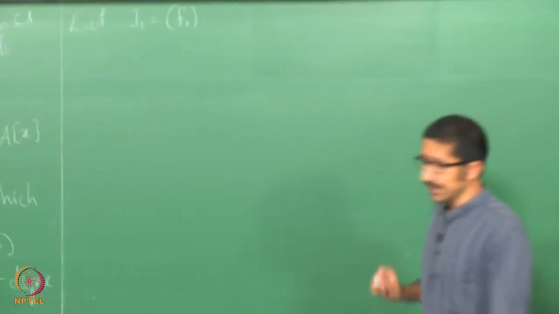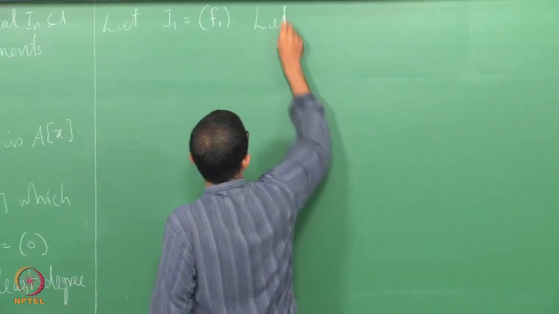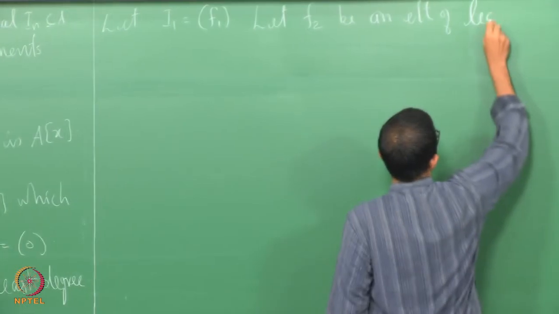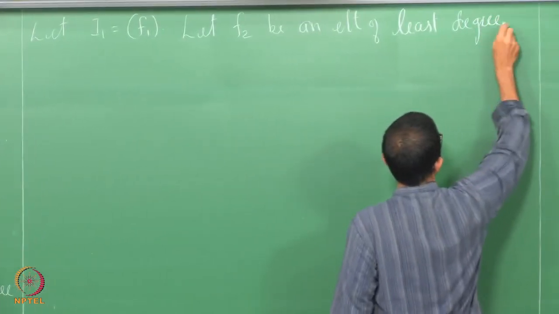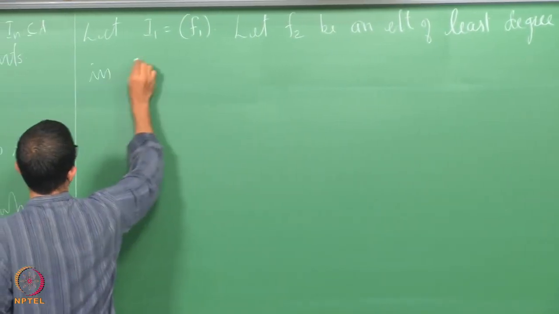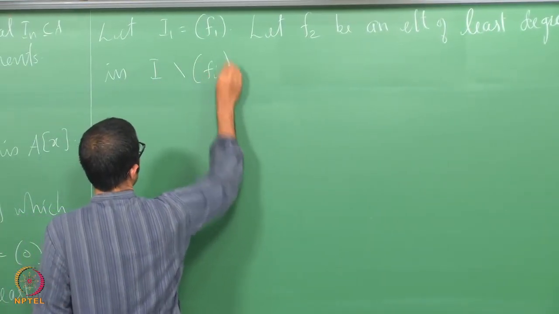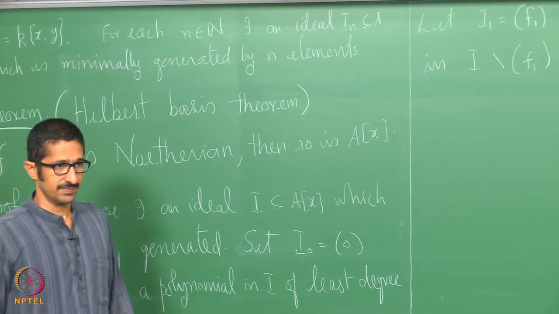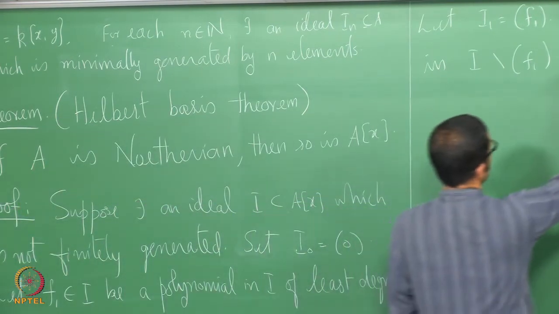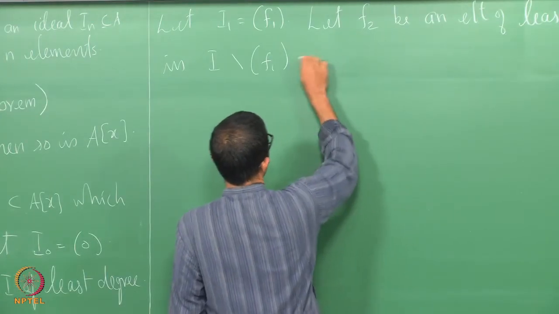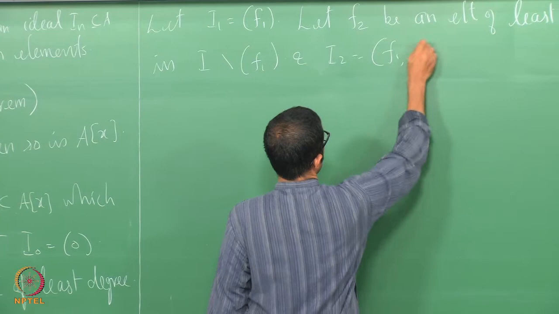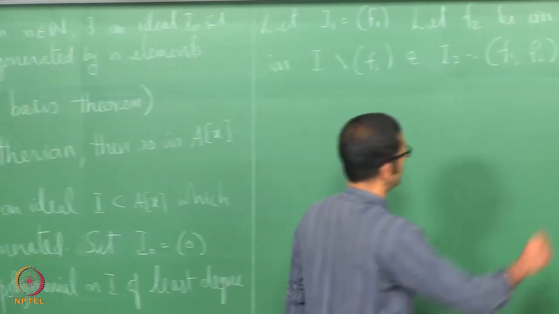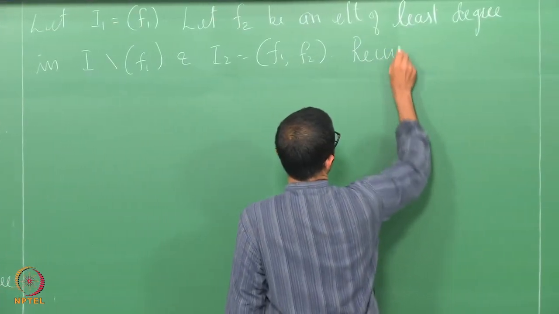Now, let f_2 be an element of least degree in I without the ideal generated by f_1. And I_2 be the ideal generated by f_1 and f_2. Keep doing this recursively.